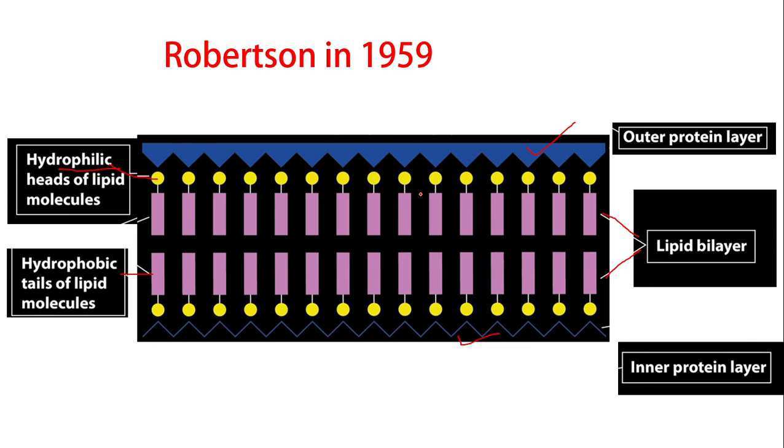So this is all about the unit membrane model of the plasma membrane. And one more thing: the model of Danielli and Davson is also called the sandwich model due to its structure. But the Robertson model is not called the sandwich model. It is simply called the unit membrane model of Robertson.